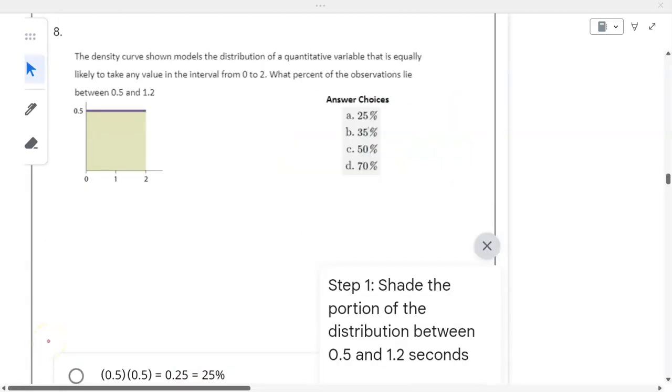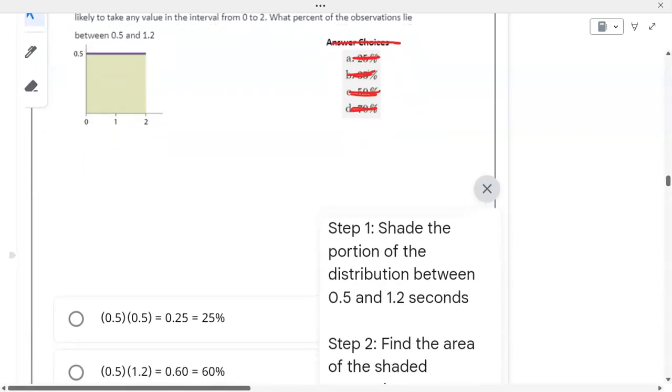The density curve shown models the distribution of a quantitative variable that is equally likely to take any value from 0 to 2. All right. What percent of the observations lie between 0.5 and 1.2? All right. Now, these answer choices, just ignore this over here, guys.